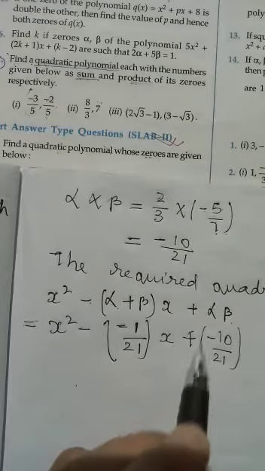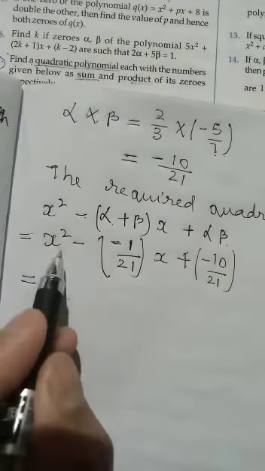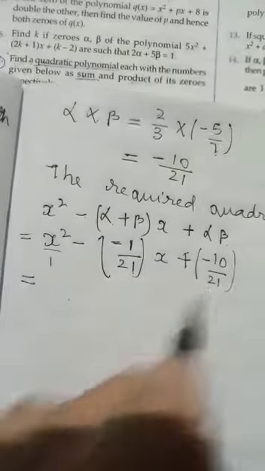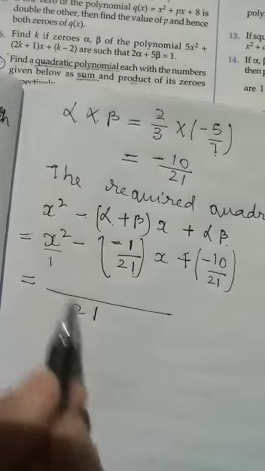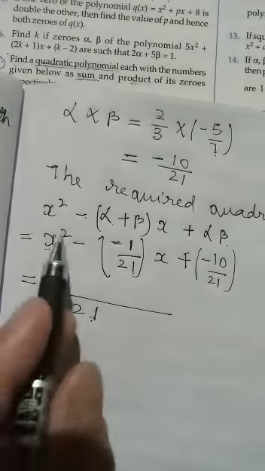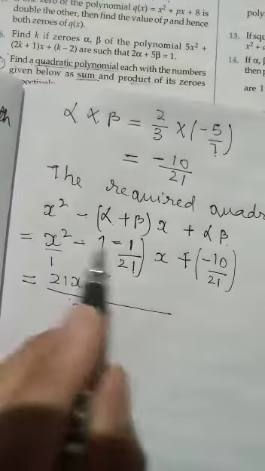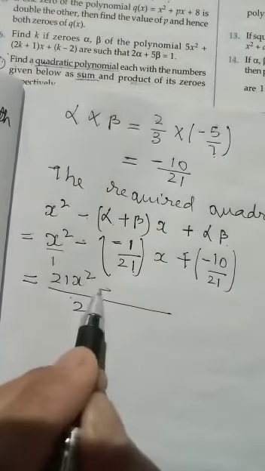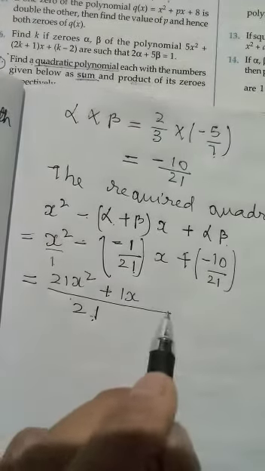You have the fraction, so find the LCM. After that, that is the answer. 1, 21, 21. So the LCM will be 21. 21 divide 1 is 21, 21 into x square, 21x square. Minus to minus, plus 1x, because 21 divide 21 is 1.